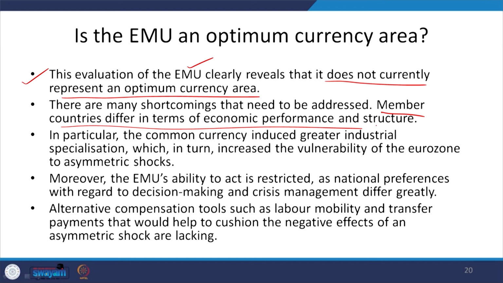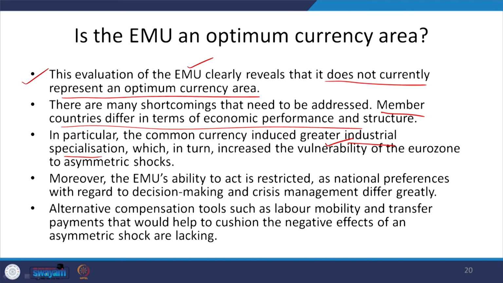In particular, the common currency induced greater industrial specialization, which you already said, which in turn increases the vulnerability of the eurozone to asymmetric shocks. So, we have already said industrial specialization differs from country to country, and that increases the vulnerability in the eurozone.